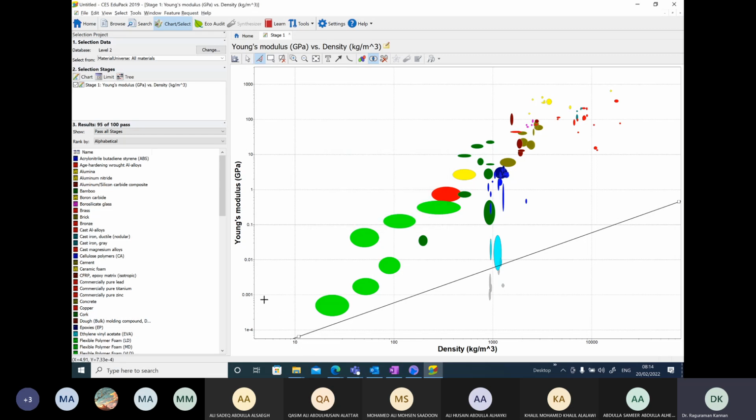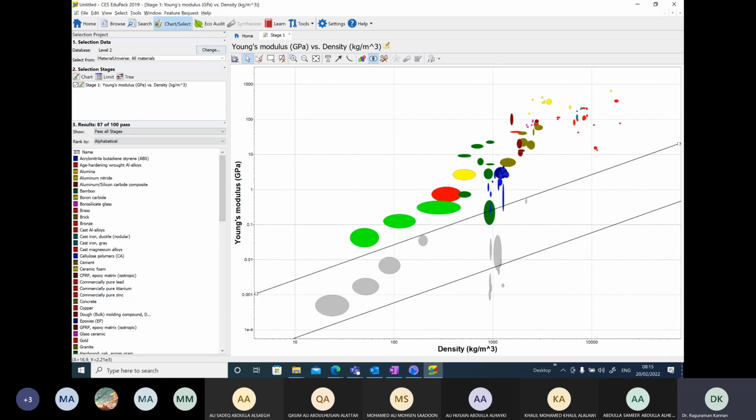Okay, let's say I want to start from this point. It gives you the slope. Once I draw the slope, you can see all these materials here go to grayscale. That means they are removed here. So results are 87 out of 100.